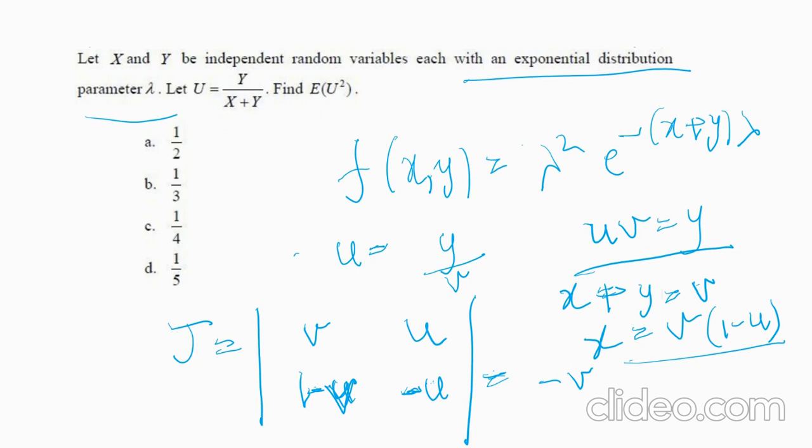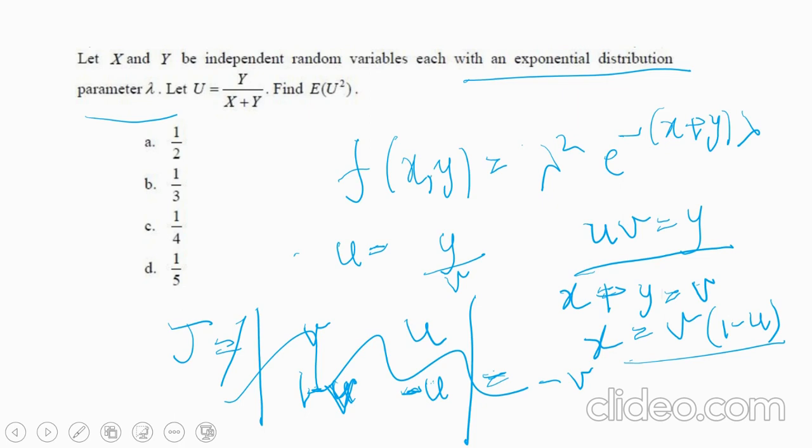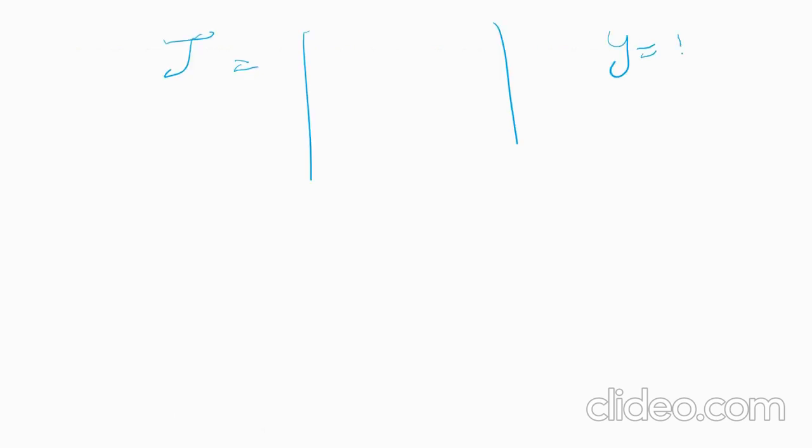So there is some mistake. I think we will do it on the next page. So we want to find the Jacobian. y is equal to uv, and x is equal to v(1 minus u), right?